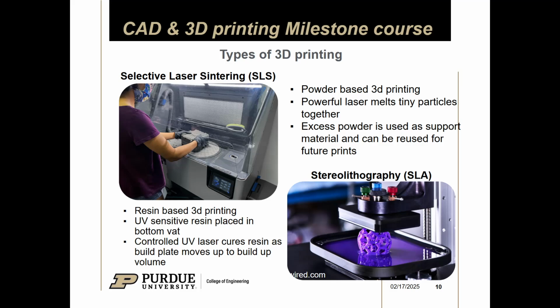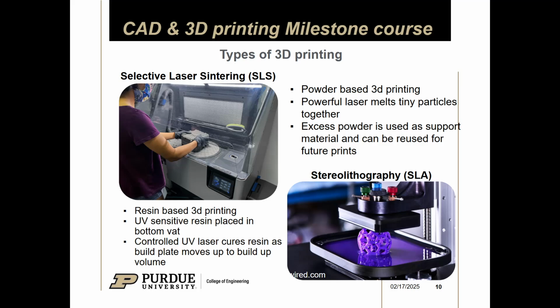Something more available to us students is something called SLA 3D printing. And instead of using a powder, it uses a resin. Typically, these resins are UV curable. So it basically has a display on the bottom that will shine UV light in very precise geometries, and then can do that over and over again until you have a part.